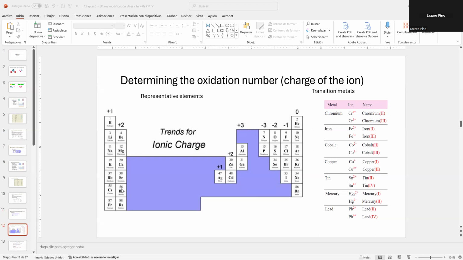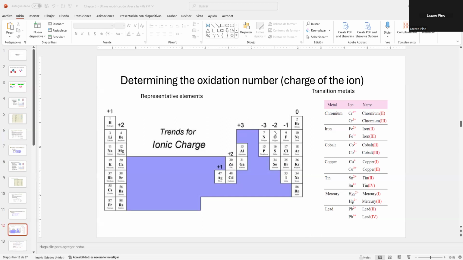But if the cation is in group 2, then the charge will be +2. Aluminum and gallium have +3, while the anions in group 7 will present -3.